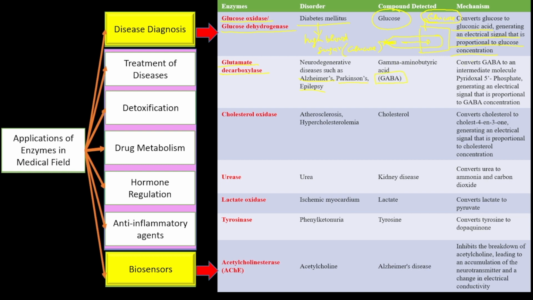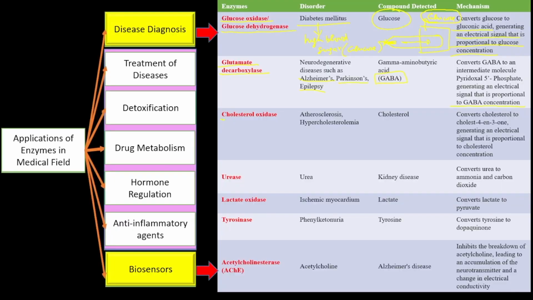The mechanism is that the GABA is converted into pyridoxal 5-phosphate, generating an electrical signal that is proportional to the GABA concentration. So the mechanism remains the same as what we discussed for glucose, except that the enzyme is different, and the analyte is also different.